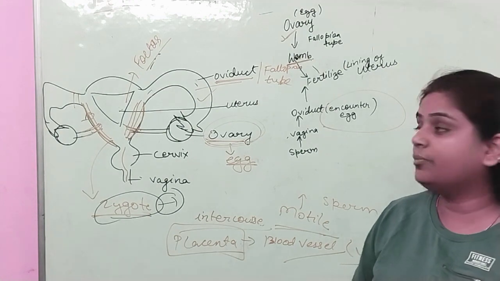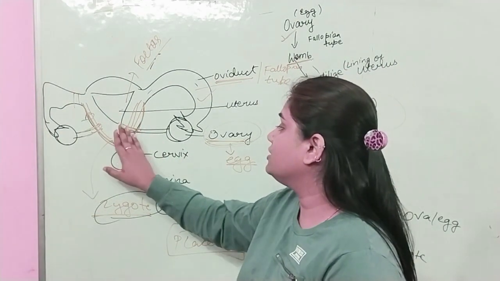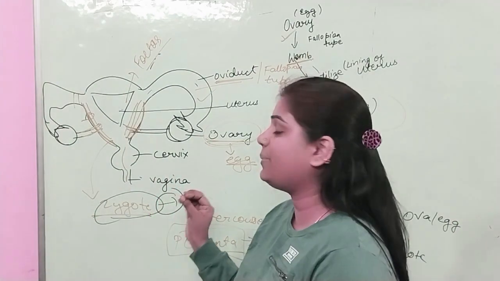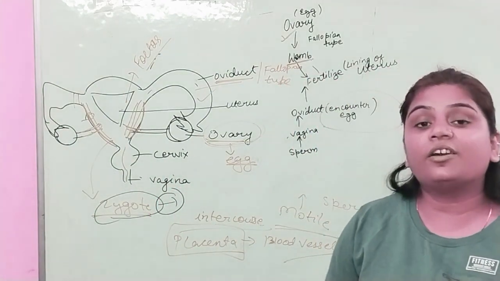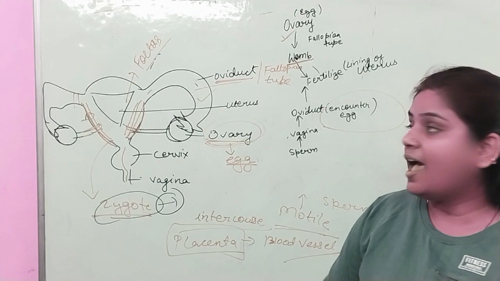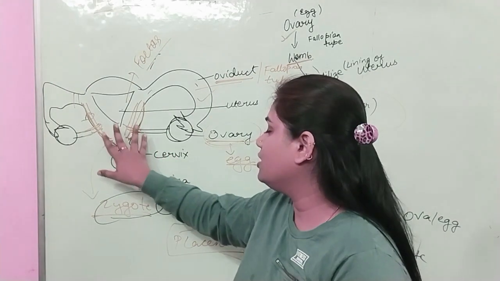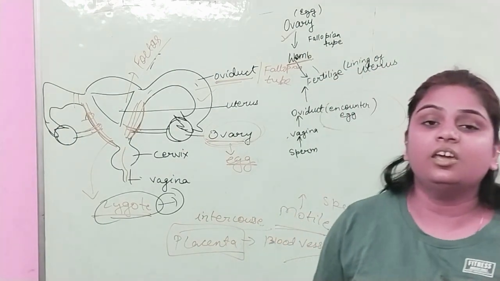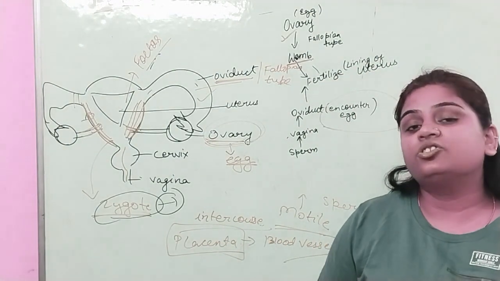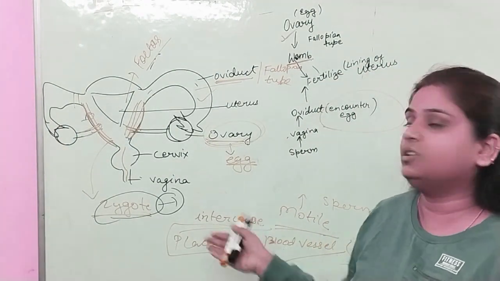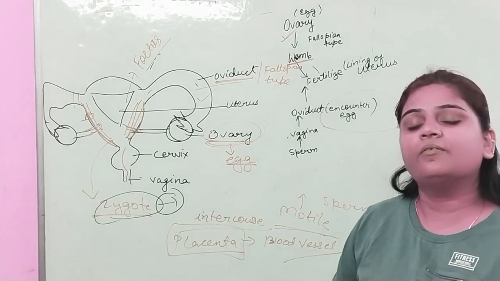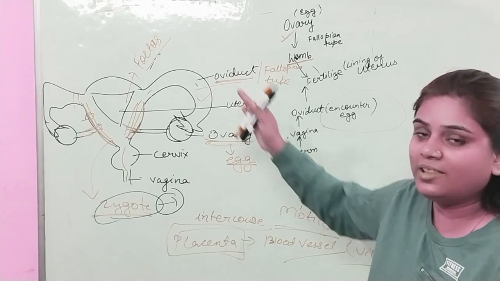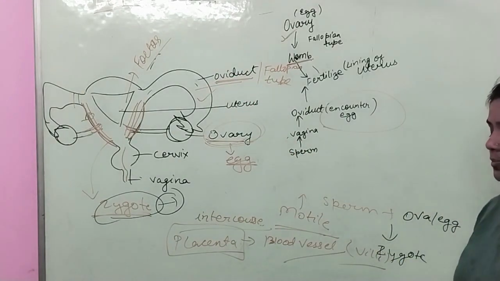The walls of the uterus have the capacity to contract and relax, and with the help of the womb and vagina relaxing, the child is given birth via the uterus and vagina. So this is the process when fertilization has taken place.